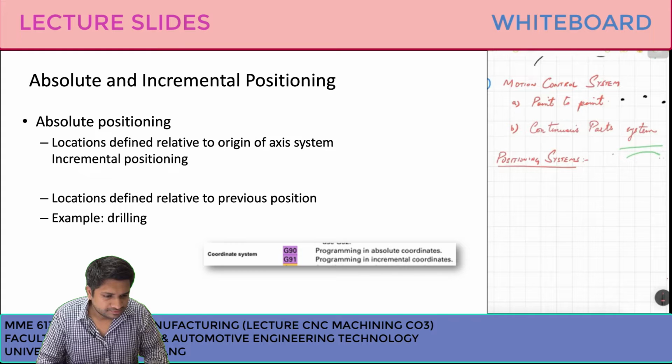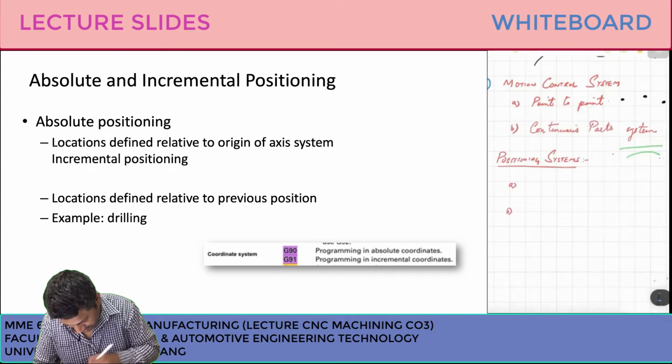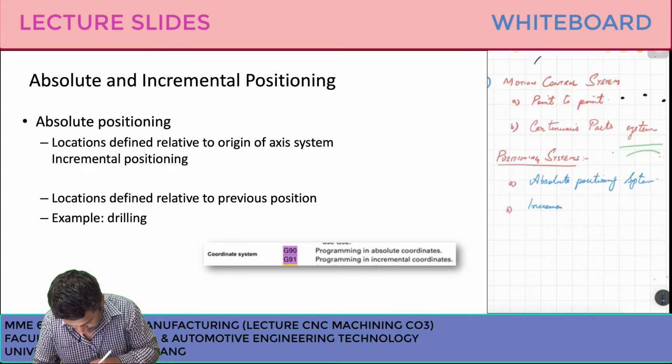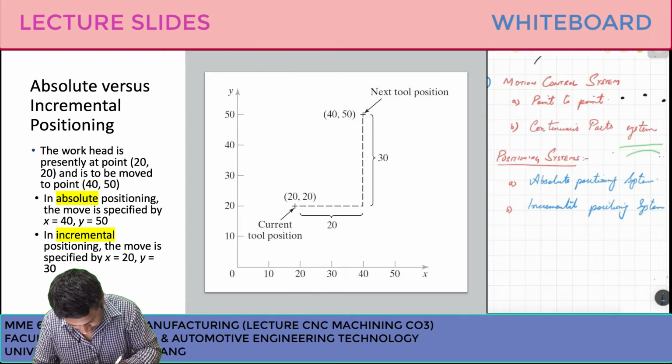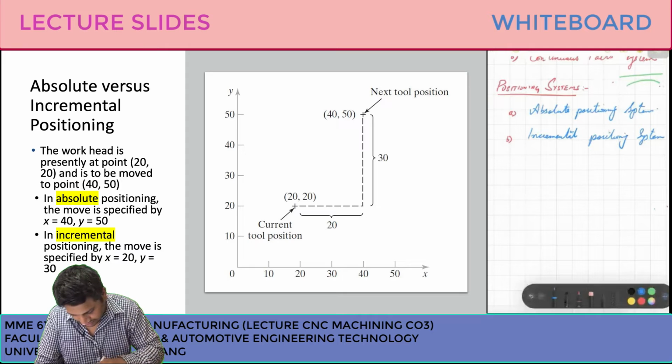So one is the absolute and the other is the incremental positioning system. So what is the difference between them?